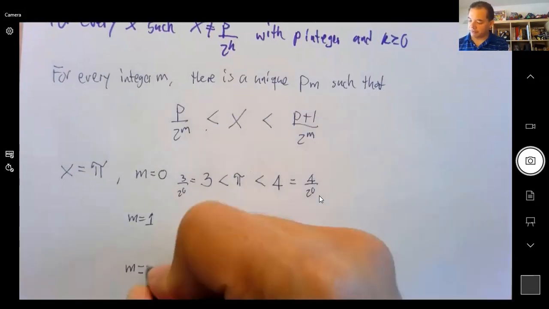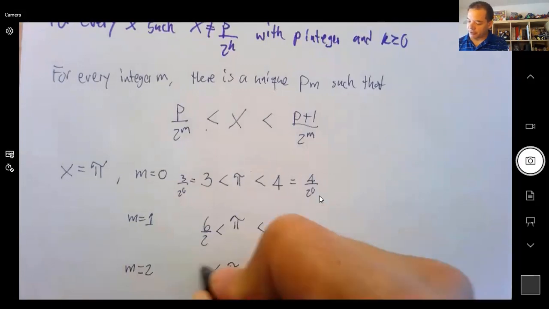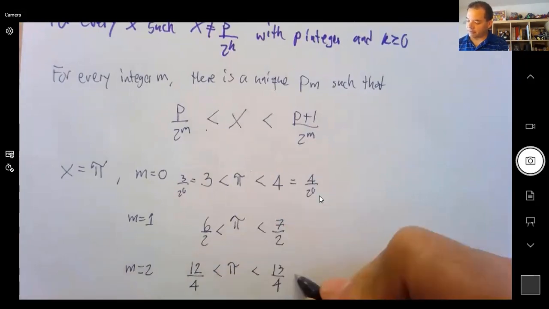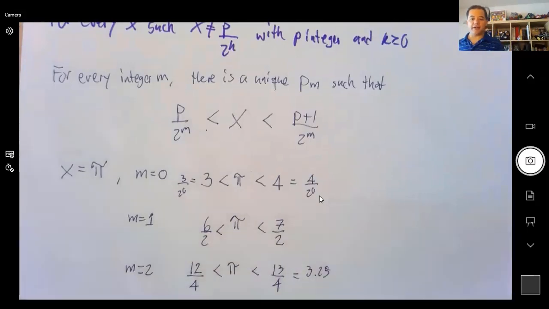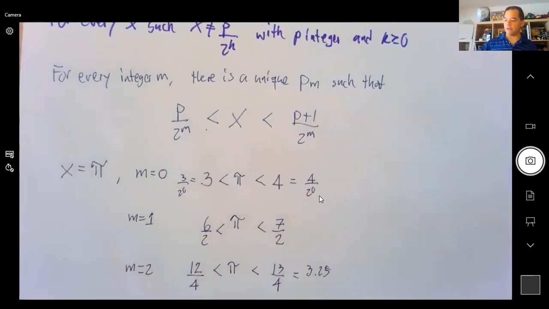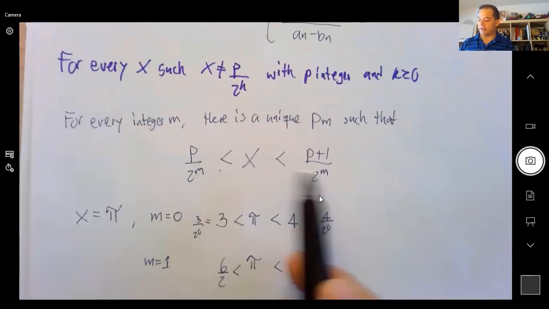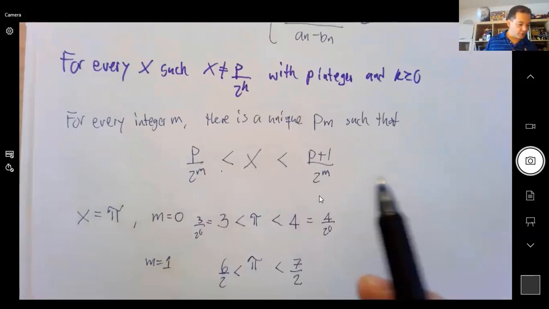If I go m equals 2, now I have 12 fourths and 13 fourths. 13 fourths is, by the way, 3.25. And so on. Is that clear? So every number that is not one of these that we already did, we can pinpoint it exactly between two of these. And that's going to be important.